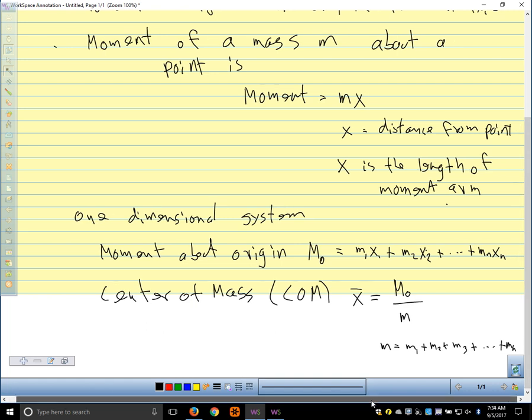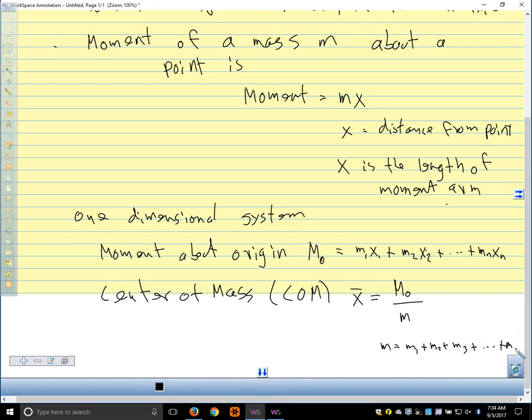And the center of mass would be where that particular system would balance. So if we had these masses on a long rod, and they're located at some distance from the origin of the rod, if we put our balance point at the center of mass, then that system would be perfectly balanced.